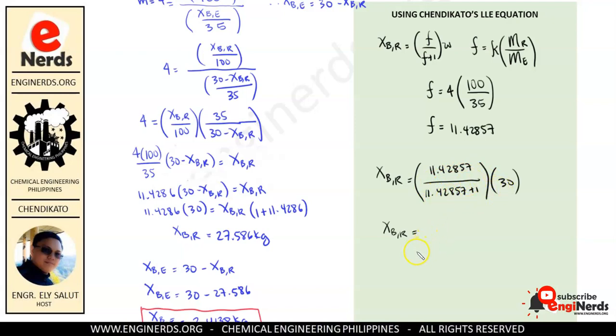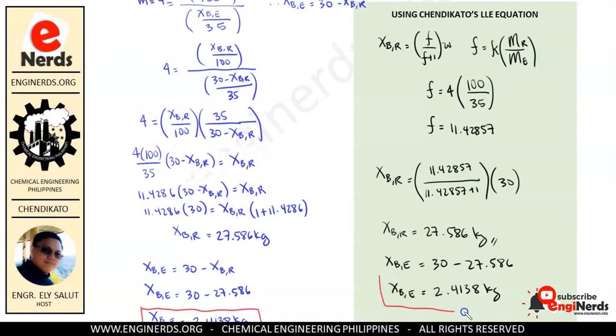And this is equal to 27.586. Okay? Pero ang hinahanap natin is yung XB sa ating extract, which is equal to 30 minus 27.586. So, ang ating XBE is equal to 2.4138 kilogram. So, yan ang ating final answer using our equation.